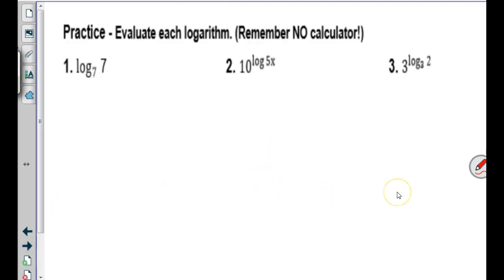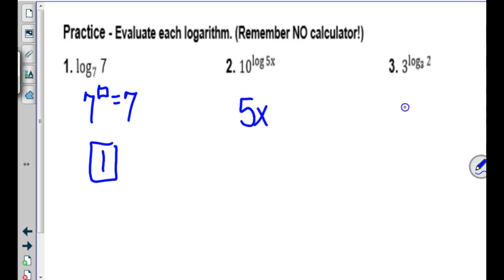All right. No calculator. So this is 7 to what power equals 7? It's 1. What is this? It's just 5x. Is that a base 3? So the answer is 2. If you're not sure, rewrite this as a log sentence.